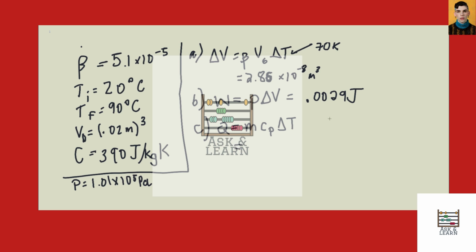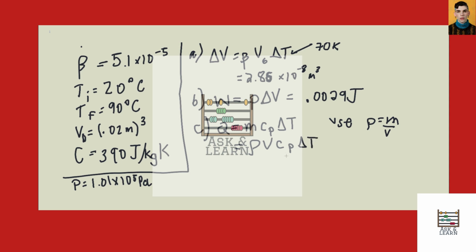Using density as mass over volume, mass equals volume times rho, so you can plug in for mass as rho V, and then use Cp delta T.